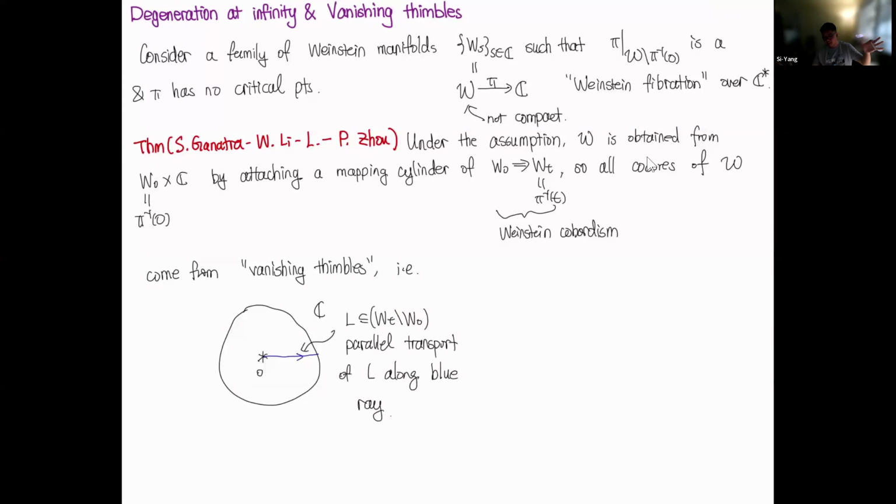This gives you a Lagrangian which we call the vanishing symbol. And this Lagrangian actually diverges to infinity as we approach 0.